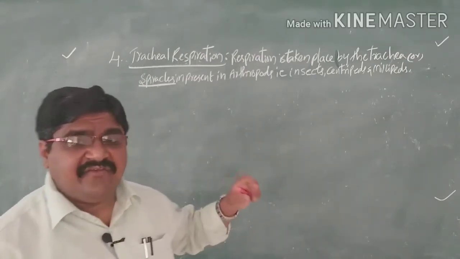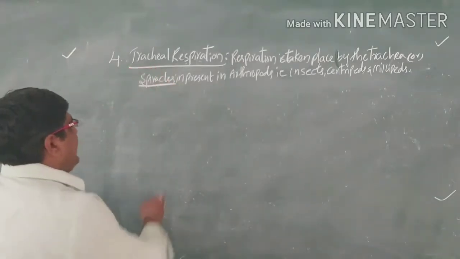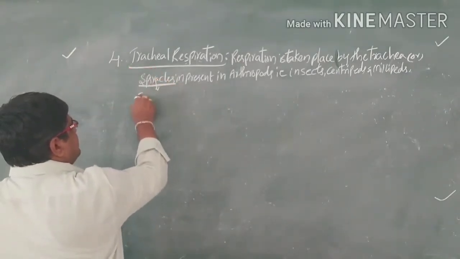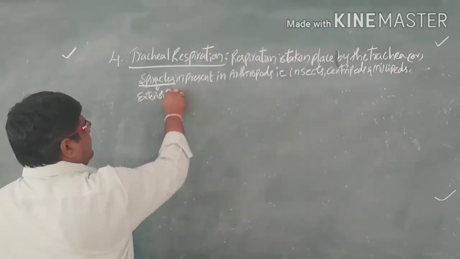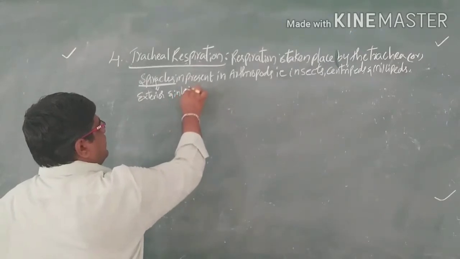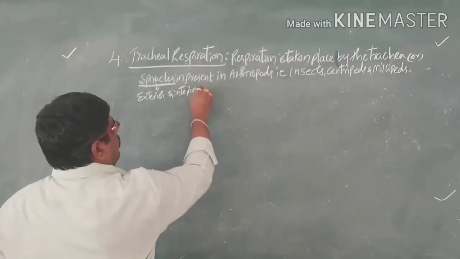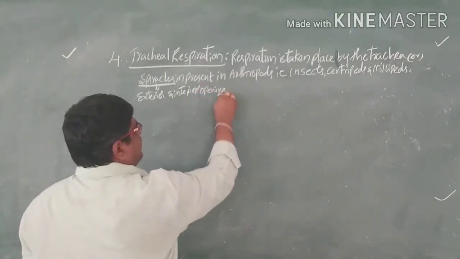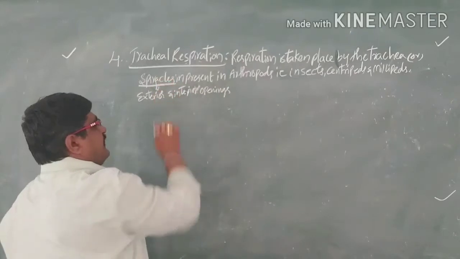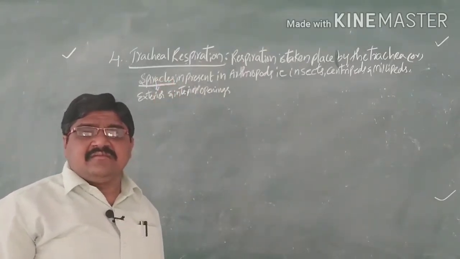The trachea have specialized exterior and interior openings. So they are called spiracles. Through these spiracles the respiration takes place.